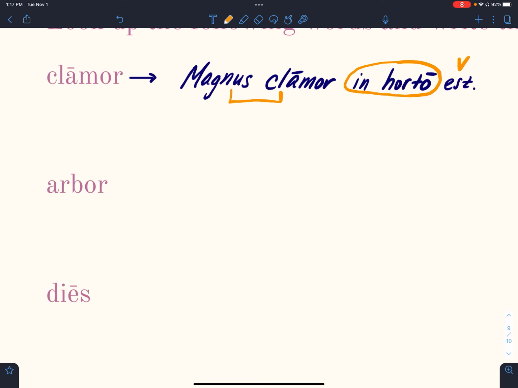I can certainly tell what gender this noun is. I can tell what gender clamor is without having to look it up because magnus is right there. What gender is clamor? If we're using our logic skills based on the patterns that we just saw, what gender is clamor? It's masculine, yeah.